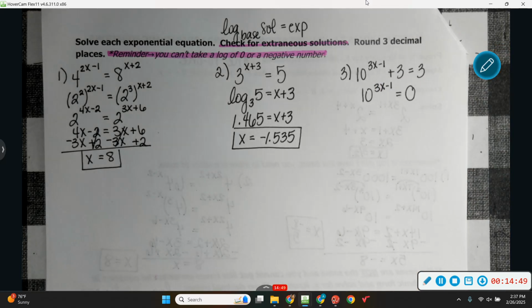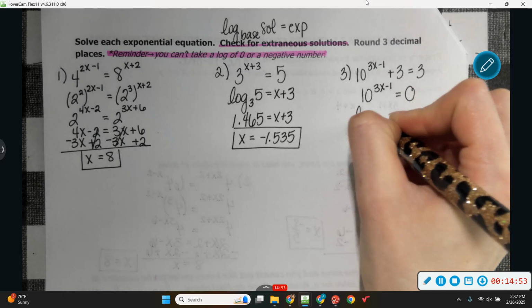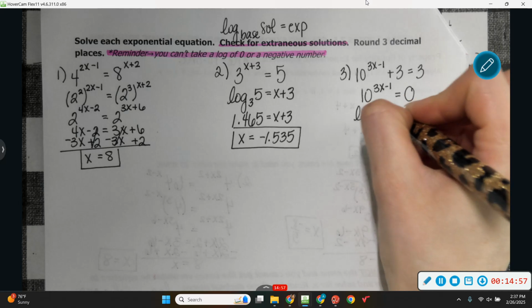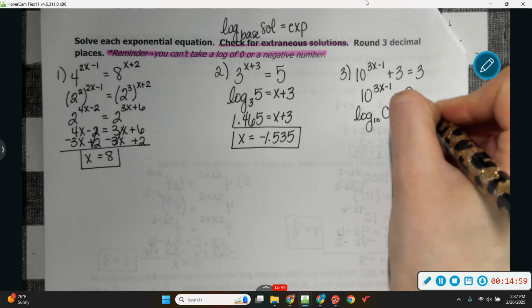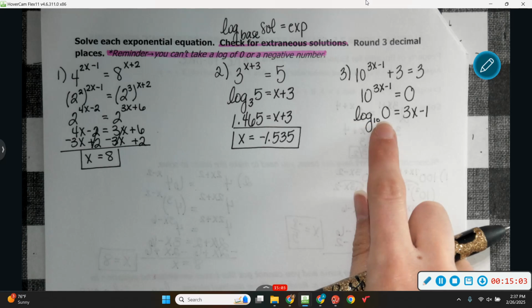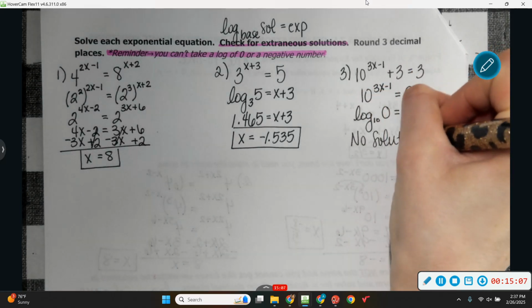Okay, when I go to rewrite this, I'm taking the log base 10, which is just a common log. Log 10 of 0 equals 3x minus 1. But remember that our rule, you cannot take the log of 0, and this is taking the log of 0, so we would stop there and say that there is no solution.